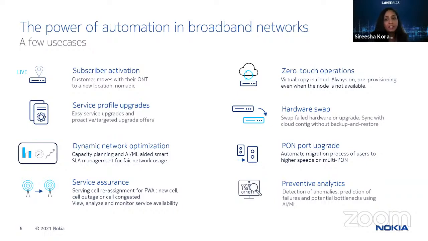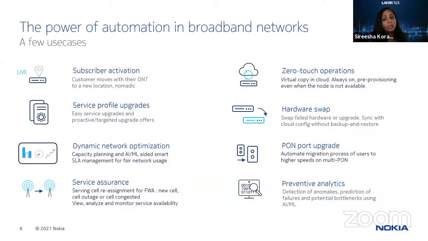Another important aspect that we also see is service assurance, which is very important. There are several cases where service assurance coupled with closed-loop automation brings down the overall TCO of the solution. It helps in ensuring subscribers' SLAs and KPIs. One such example for fixed wireless access is also shown here.